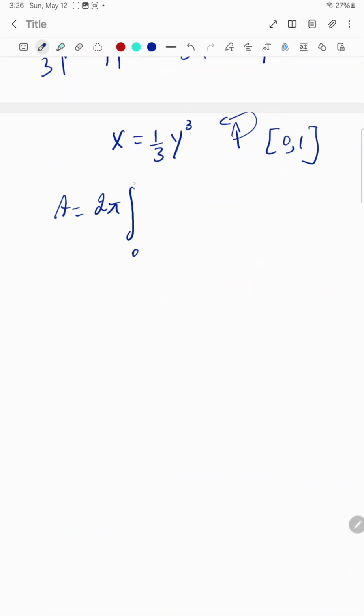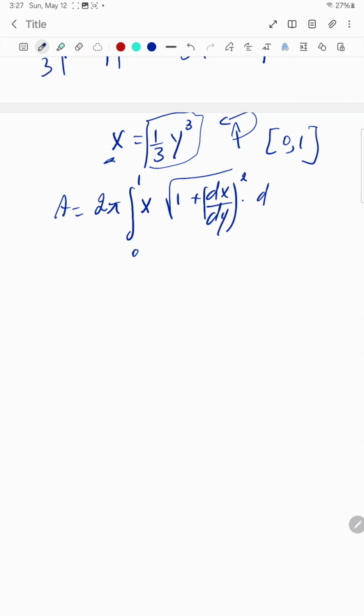Pi between 0 and 1 of x square root of 1 plus dx over dy squared, multiplied by dy. I will use this formula. And now here my x is equal to 1/3 y to the power of 3, so the area will become 2 pi between 0 and 1, and I replace my x with 1/3 y to the power of 3 square root of 1 plus dx over dy squared dy.